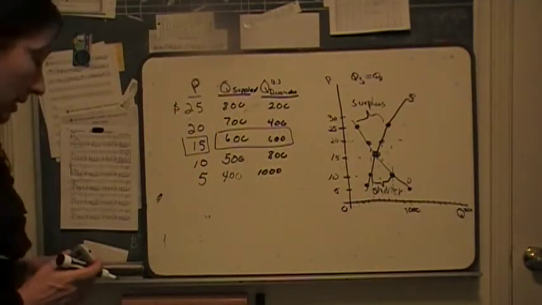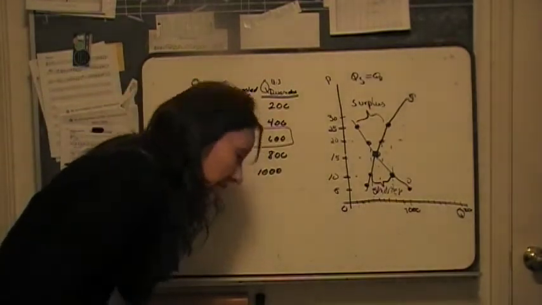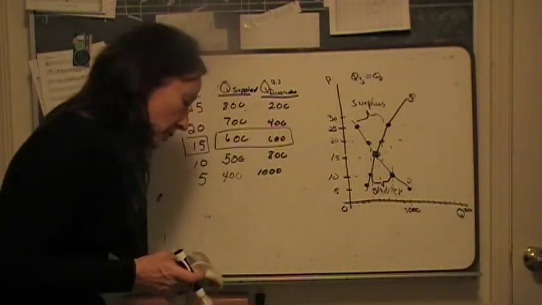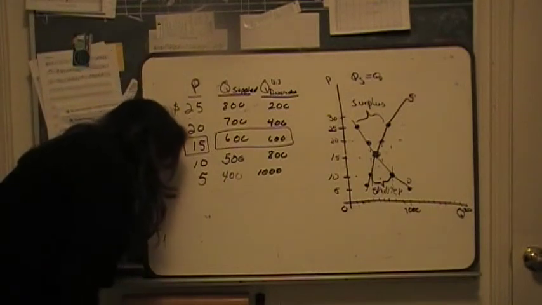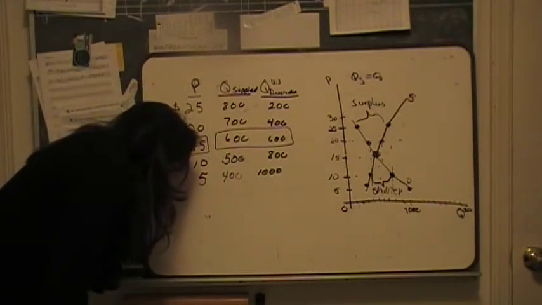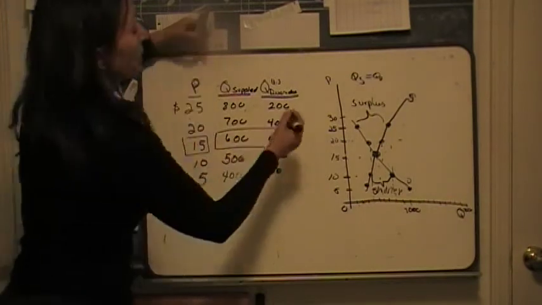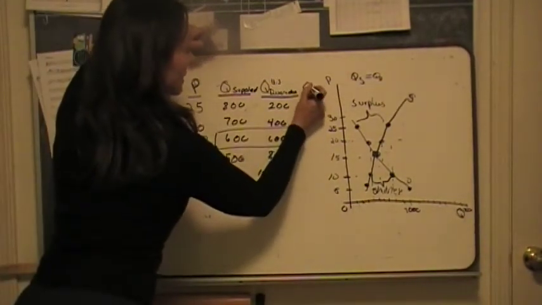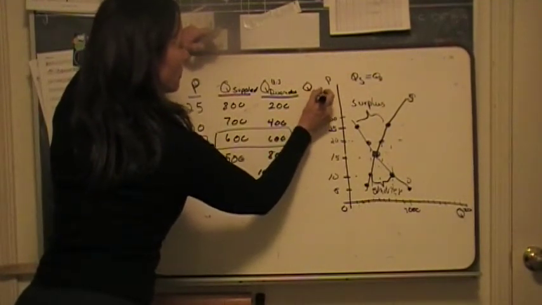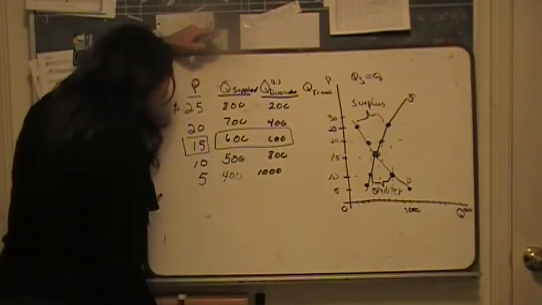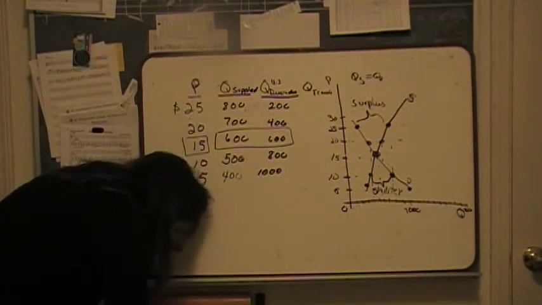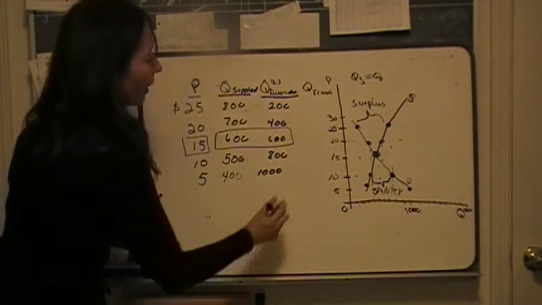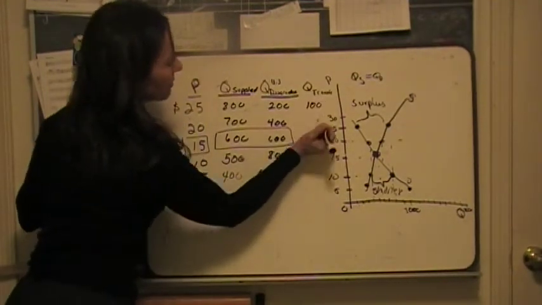All right. The next part of the problem tells you that the lobsters are going to expand into the French market. And so they're now exporting to France. So we're going to put the quantity demanded by French people right here. And at $25, 100 pounds of lobster are demanded.